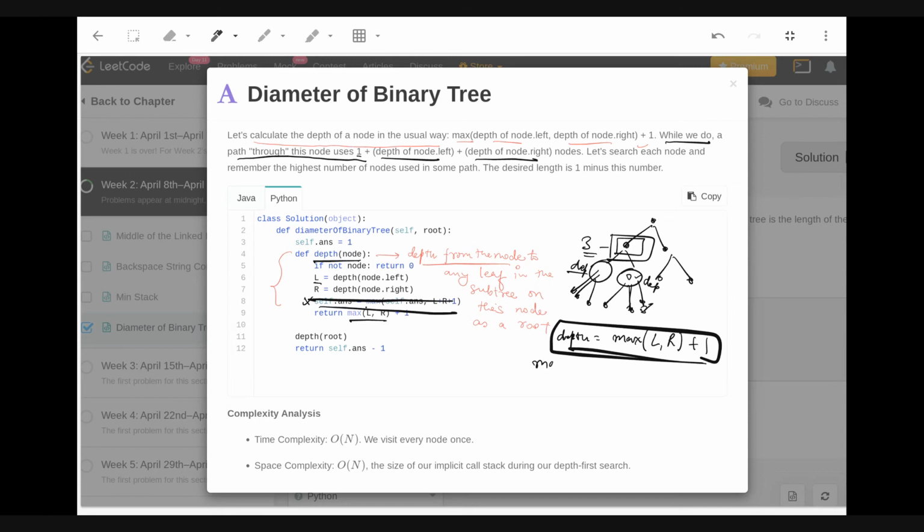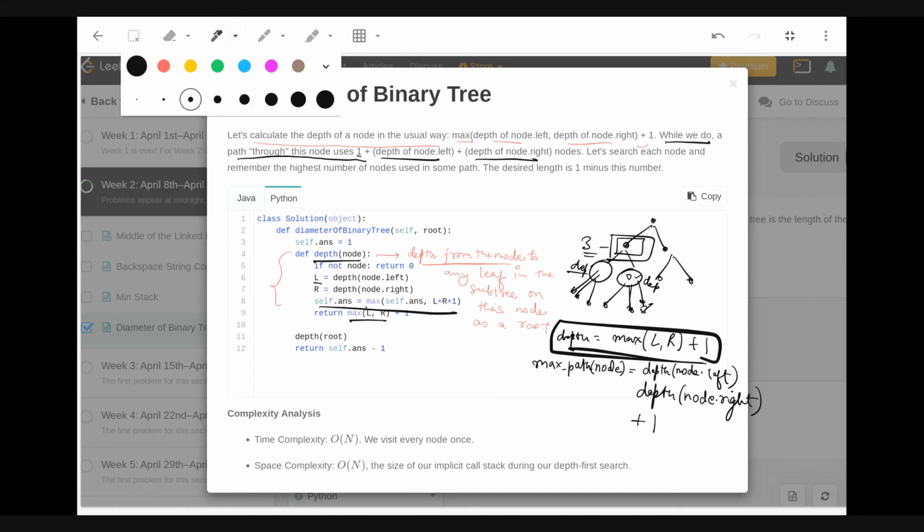So the max path of a particular node is depth of node.left plus depth of node.right plus 1. This is exactly what they did in this line.